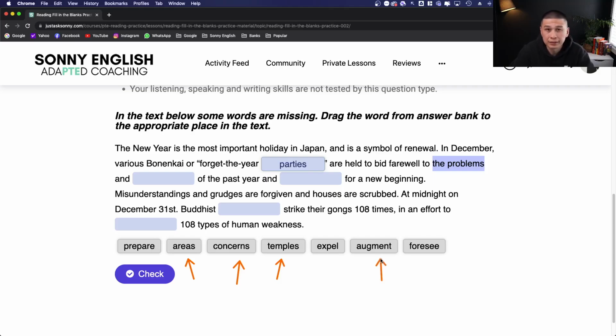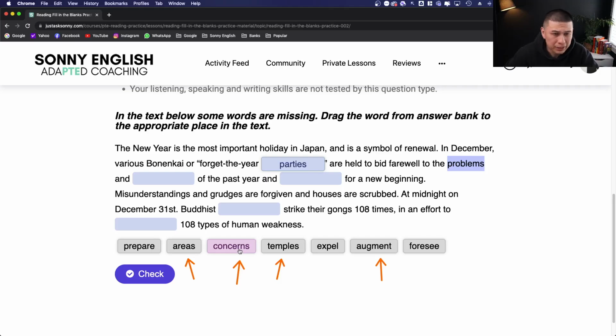Augment, maybe you can use it as a noun, but either way, you can check. If you don't know what augment means, let's just not even look at it right now, because that might not even be an answer. So we have a negative word. Out of these 3 areas, concerns, temples, and augment, would you agree concerns would be your negative? Is that something that you would want?